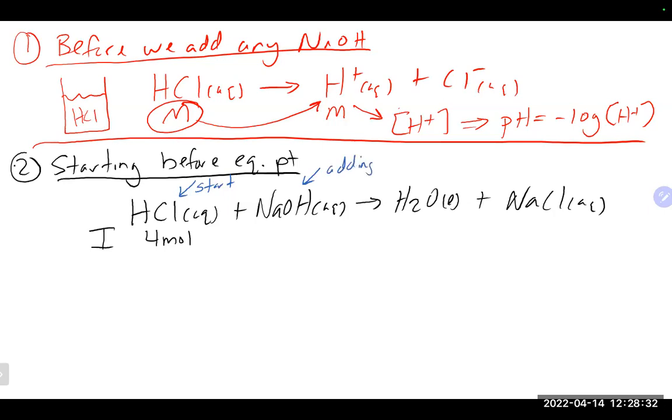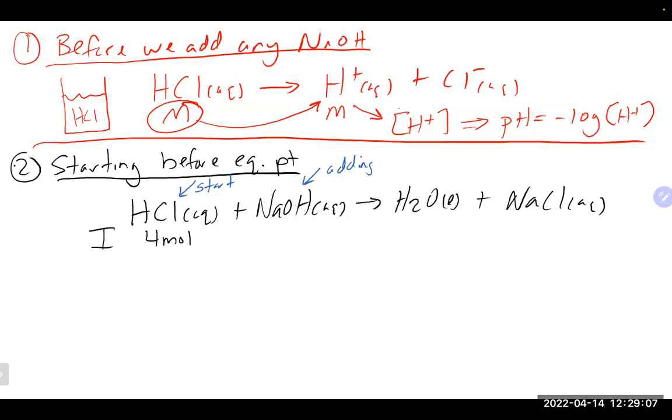Should the moles of the sodium hydroxide be less than, equal to, or greater than the moles of acid if I am before the equivalence point? It should be less, I think is what you said. And that is correct, because the way you can remember that is when we reach the equivalence point, they are equal. So the only way to get the amount you're adding to be equal is for it to be below first, and then it becomes equal. Since we're not at the equivalence point, we are less than that.